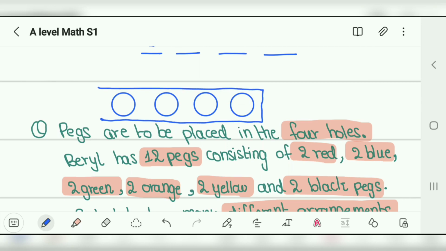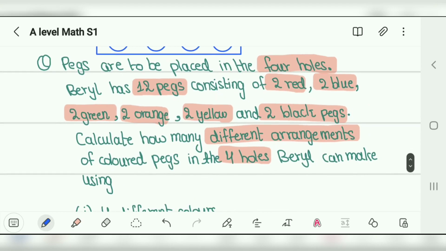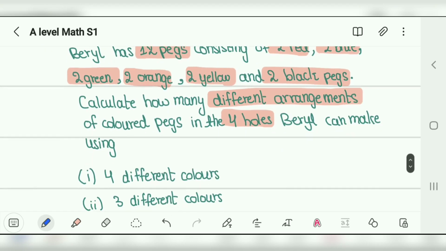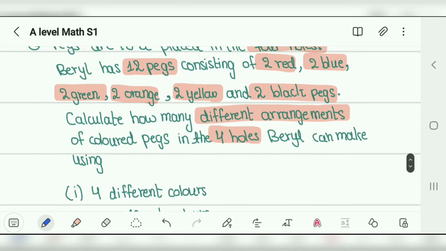Beautiful diagram. Bags are to be placed in the 4 holes. Barrel has 12 bags, consisting of 2 red, 2 blue, 2 green, 2 orange, 2 yellow, and 2 black bags. Calculate how many different arrangements of colored bags in the 4 holes the barrel can make using 4 different colors.